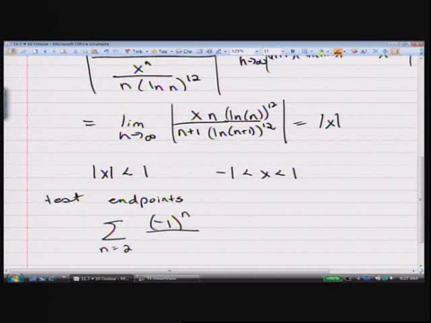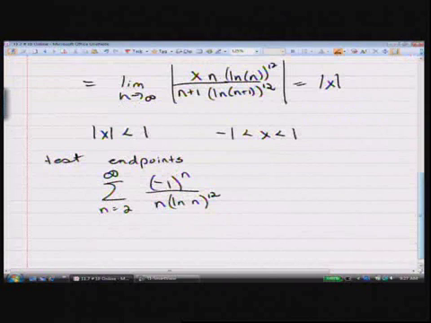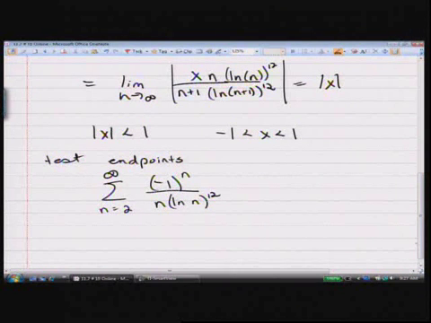So it's negative 1 to the n over n times the ln of n to the 12th. So we want to try and figure out whether that converges or diverges. Do you have any idea? You think it diverges?